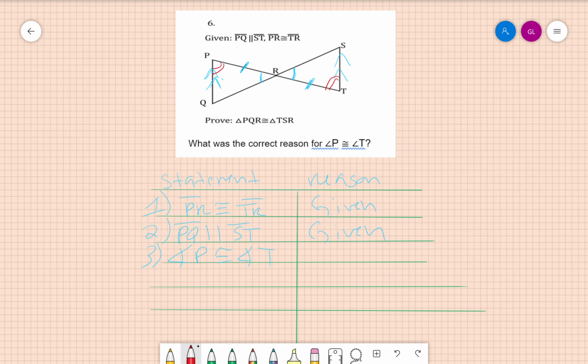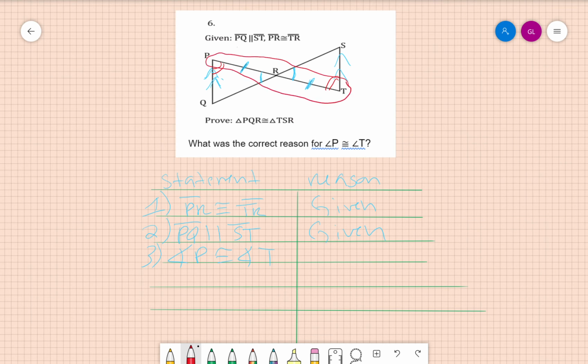If we look at that here, S and T are the parallel lines, ST and PQ are the parallel lines, and based upon where those angles are, that means that line PT is the transversal.